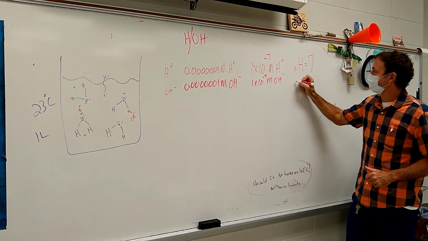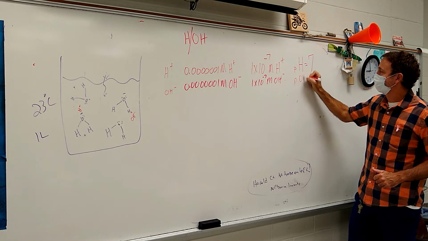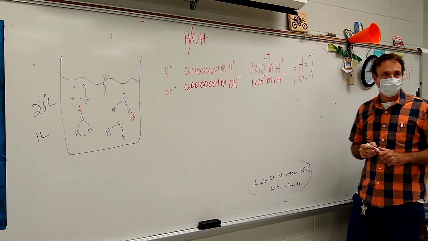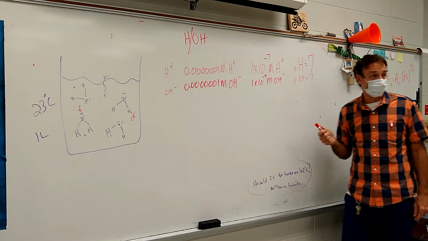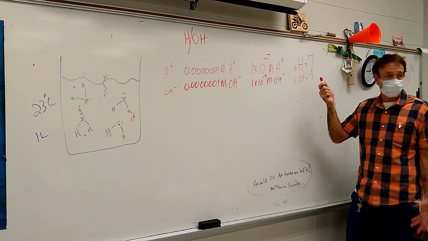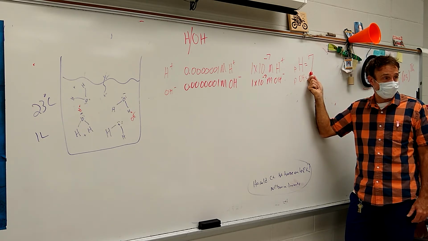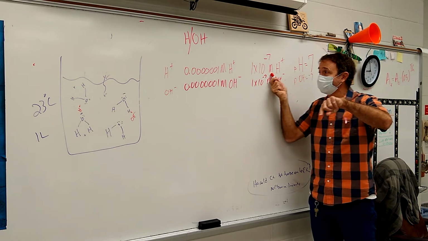And if you have a pH of 7, guess what you're going to have? A pOH of 7. Does this make sense to you? So really, your science teacher in the 8th grade should have taught you, all right, neutral water has a pH of 7. But now I'm going, well, this is what it means.